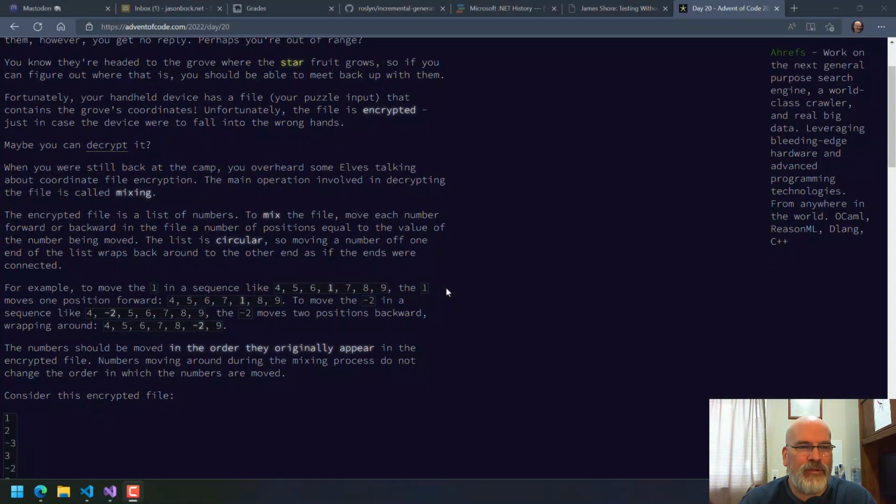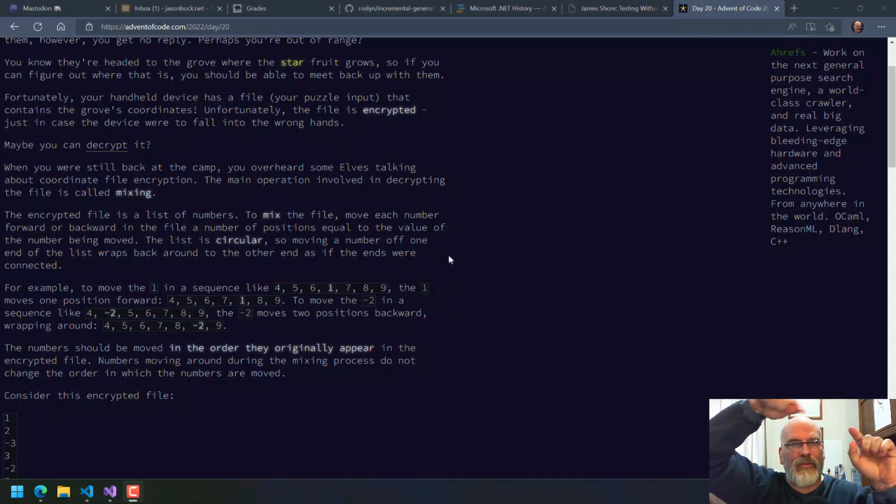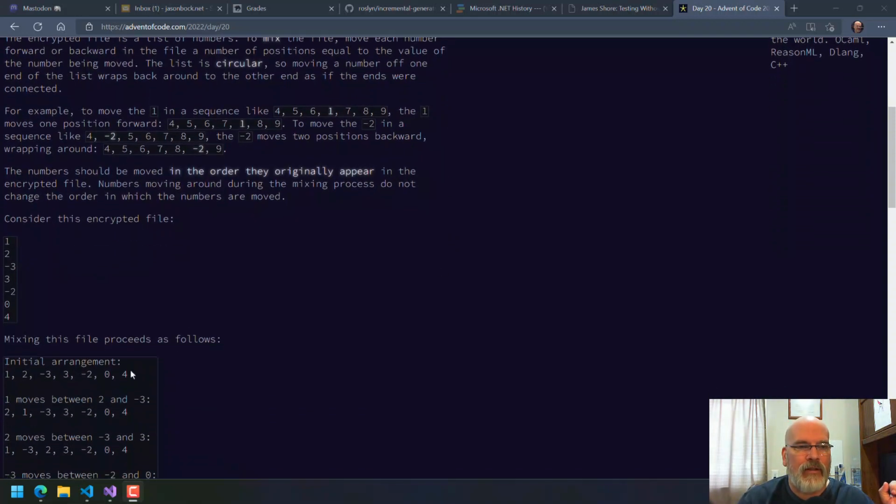Day 20 was fun because you were given an initial input that said, how do you move these values around each other? But you had to keep the initial arrangement the same, because the number that was being moved around was based on where it was initially.